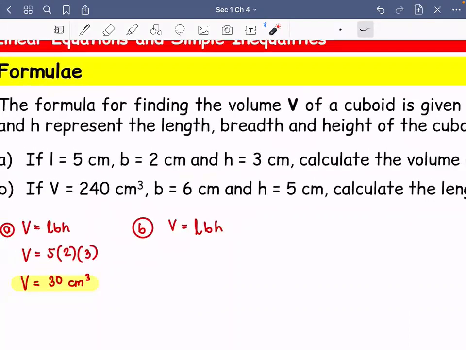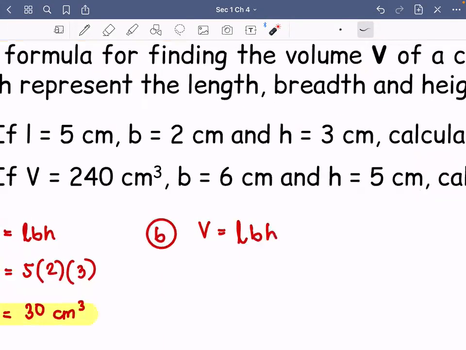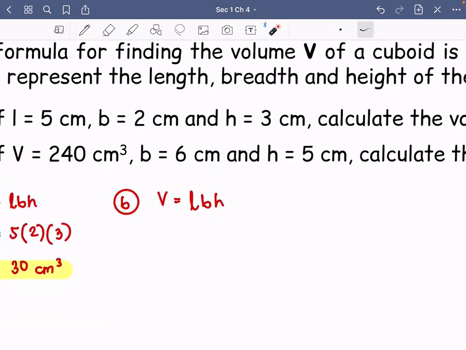Do you have any questions? Anyone? So far so good. All right, so let's substitute. The volume given is what? 240, right? Equals, what is L? We're looking for L, so we keep it as letter L. And then what is the breadth?